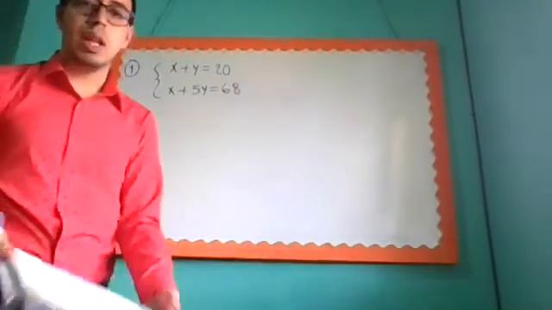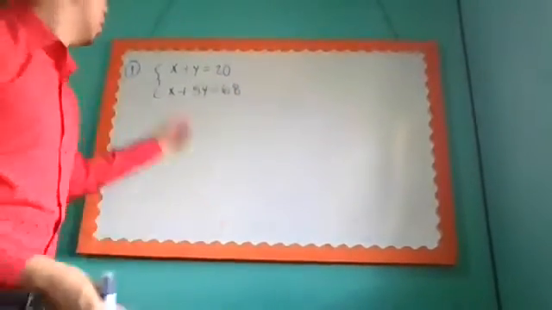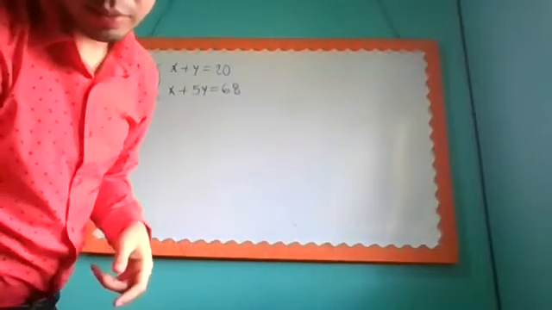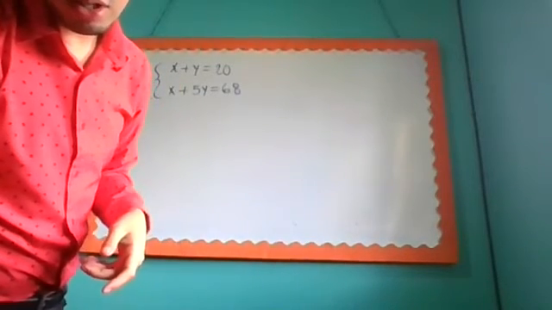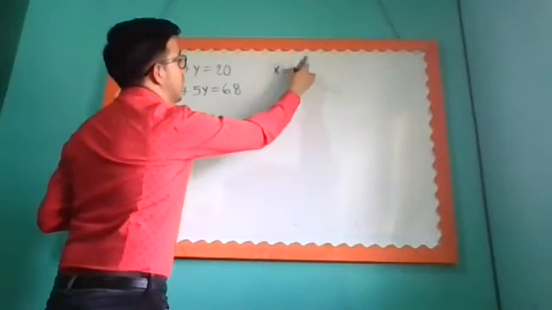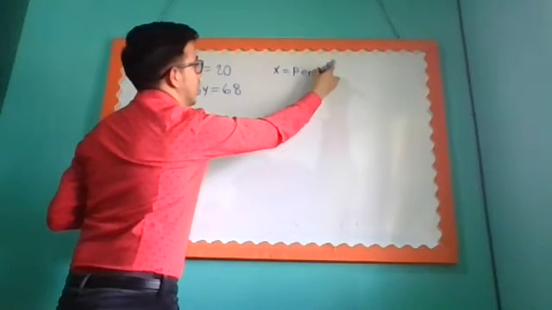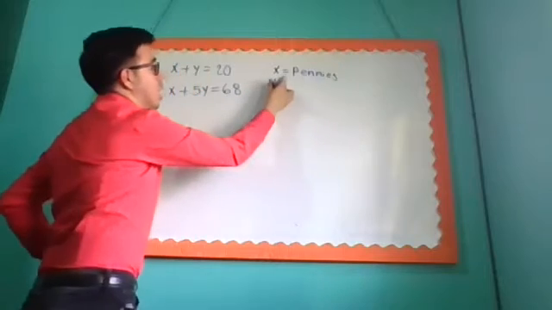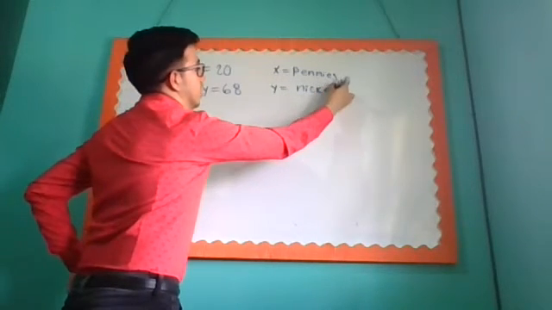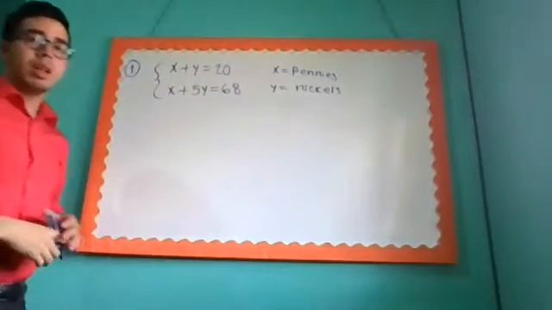Okay, then x are the pennies. We need to write what each one of them means. And y are the nickels. Okay.